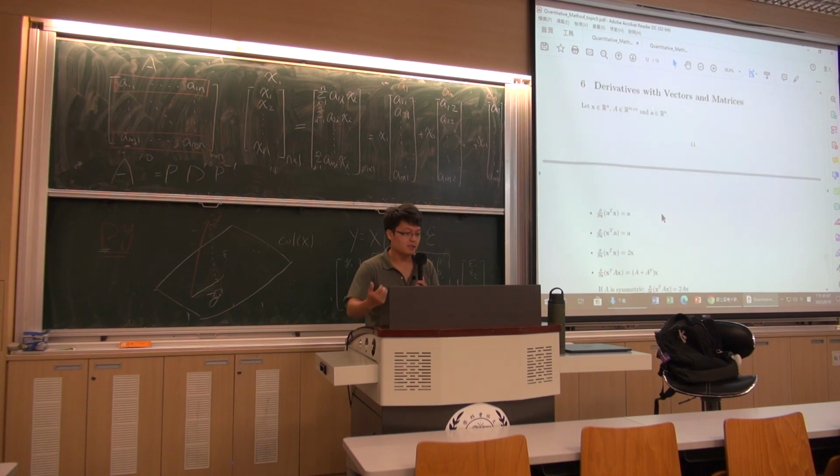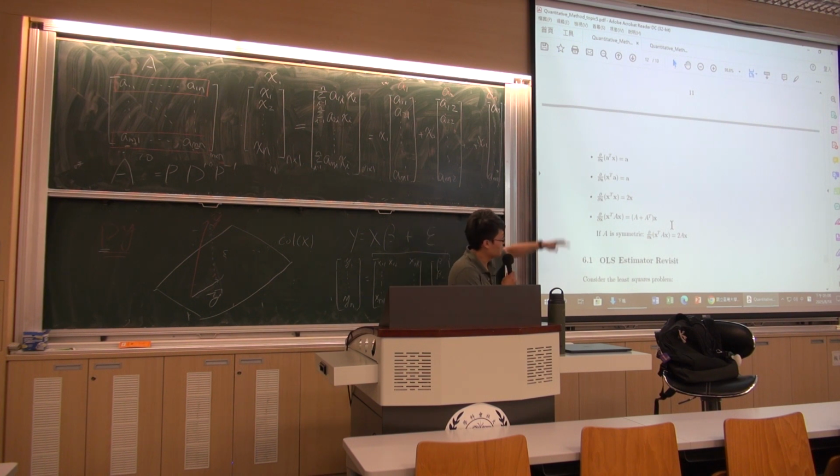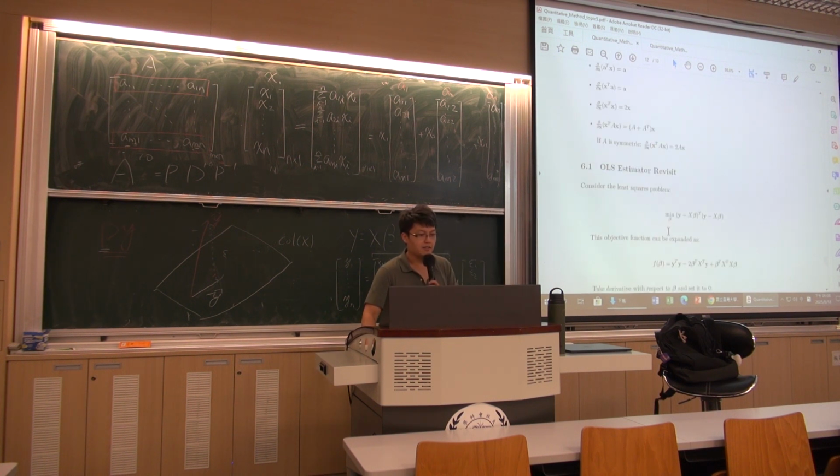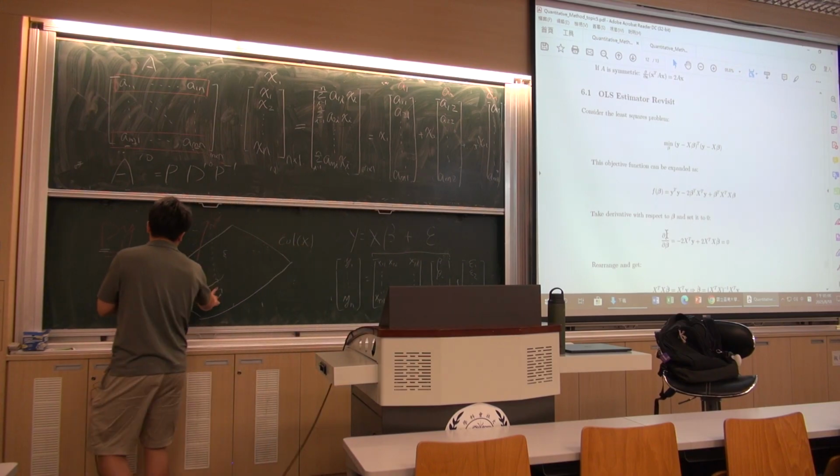Of course, if you say it's too abstract for you, another way to get the result is to use the derivative. This is how the derivative approach works out. Going back to our original problem, our goal is to find a specific beta that will give you this y hat.